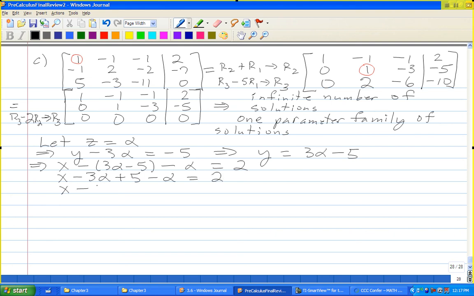So x minus 4 alpha plus 5 is 2. Add 4 alpha, subtract 5 from both sides of your equation. And so my one parameter family of solutions, therefore, is x equals 4 alpha minus 3.